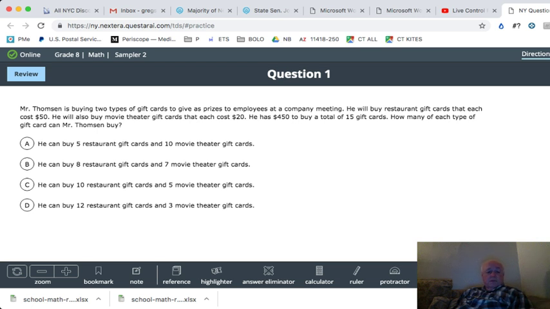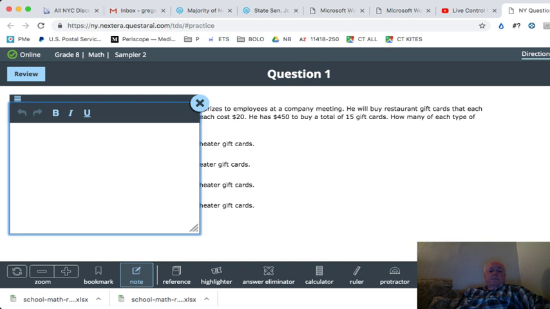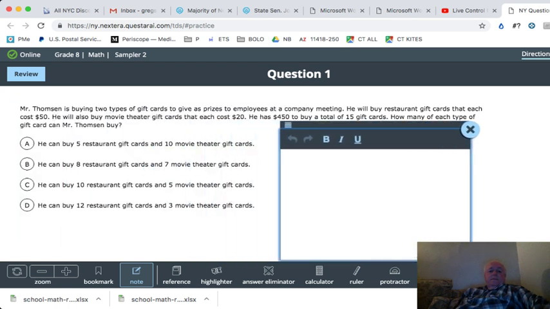Okay, there's a whole bunch of numbers flying around here. Let me give myself a second to read this to make sure I understand it. All right, let me bring up a note thing in the meantime. So let's see. Restaurant cards are $50 each. I'm going to use RC.